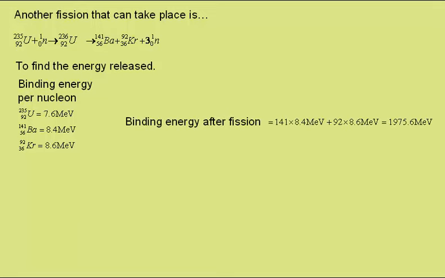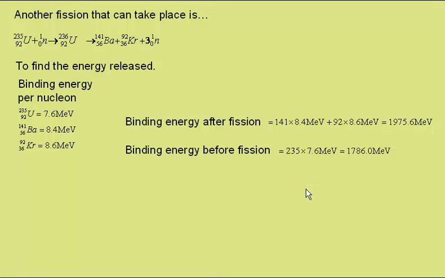So the total binding energy after the fission is the 141 nucleons in the barium multiplied by 8.4 MeV for each, plus the 92 nucleons in the krypton multiplied by their 8.6 MeV each, gives 1975.6 megaelectron volts of binding energy after the fission.